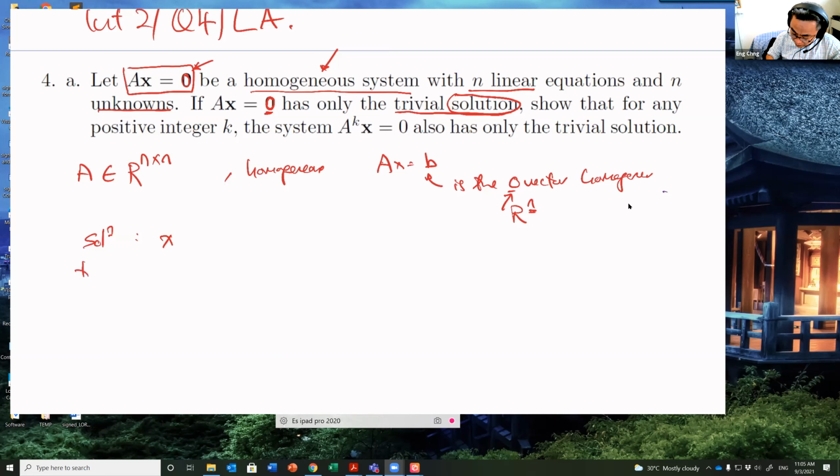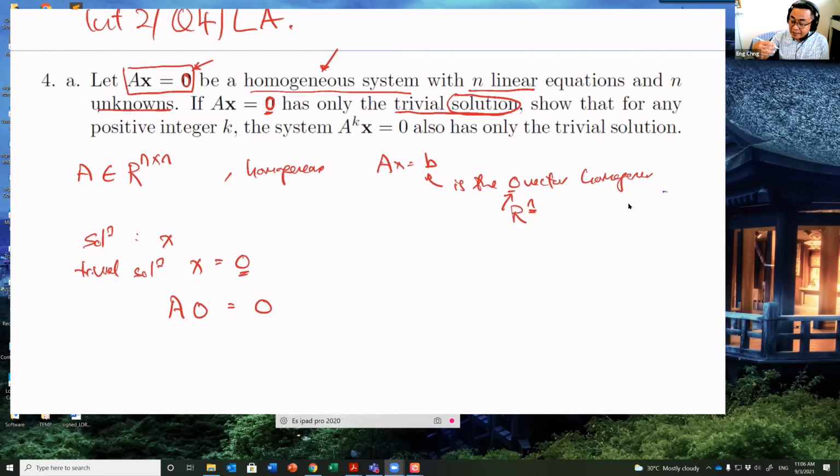What is the trivial solution? It means that x equals the 0 vector. So A times the 0 vector, of course, equals the 0 vector. That's obvious to everybody. Anything times 0 will give you 0 on the right-hand side. So it is called the trivial solution.